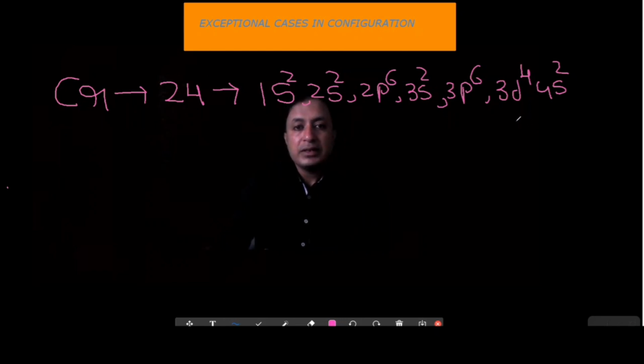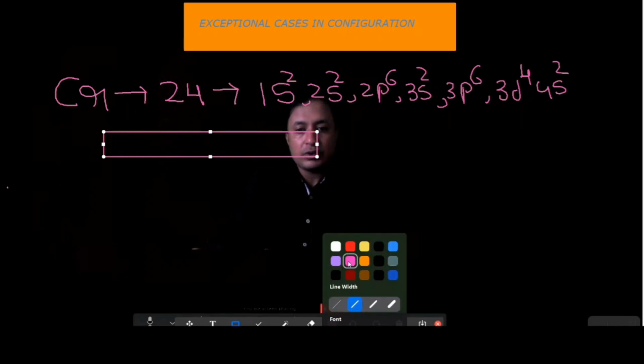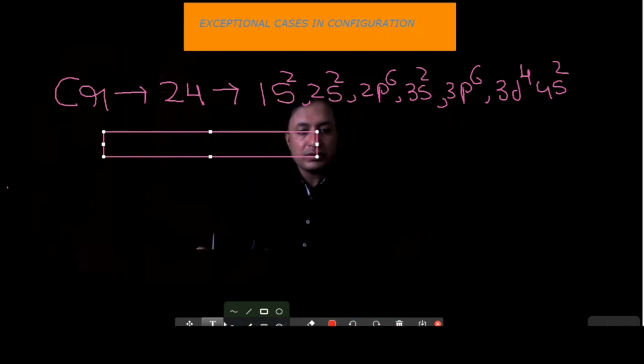But there is an exceptional case here, so let's see that exceptional case. Now what is going to happen? I am going to discuss the valence shell orbitals, so you can understand how the electrons are entering these orbitals.